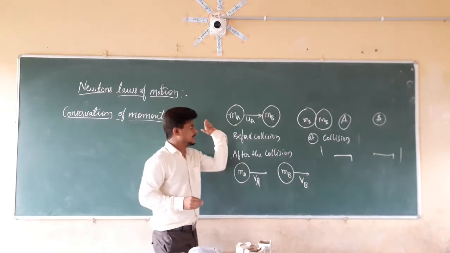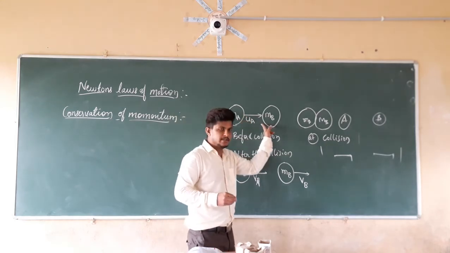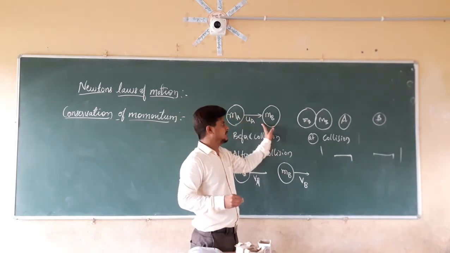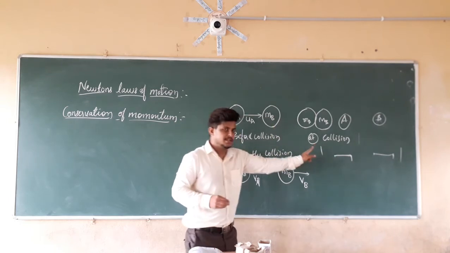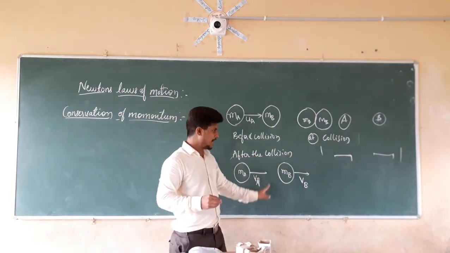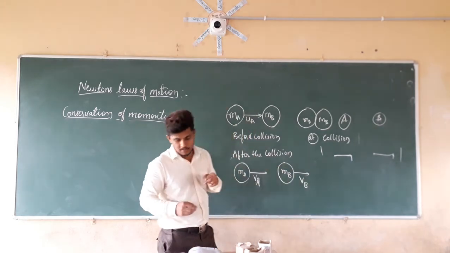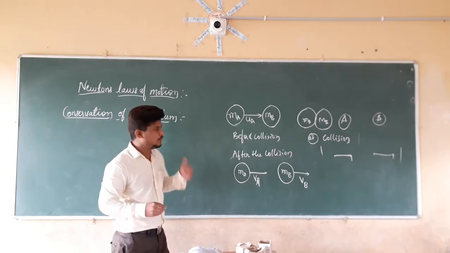So initially, ball A moving with initial velocity UA is going to collide with ball B, which has the mass MB. After the collision, the first ball will move with the speed of VA and the second ball will move with the speed of VB.